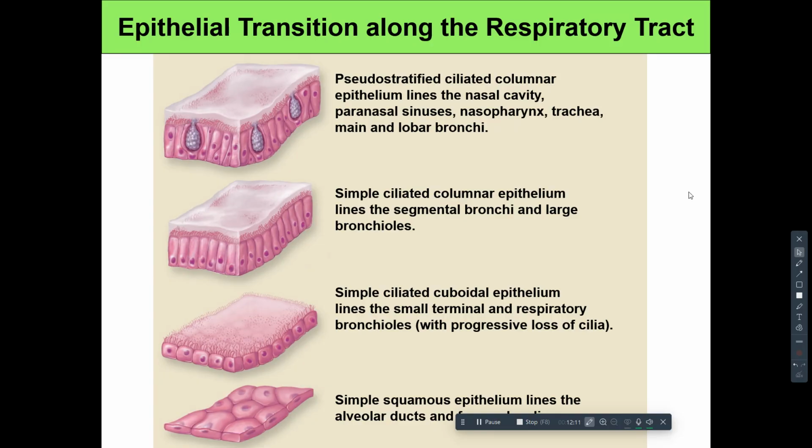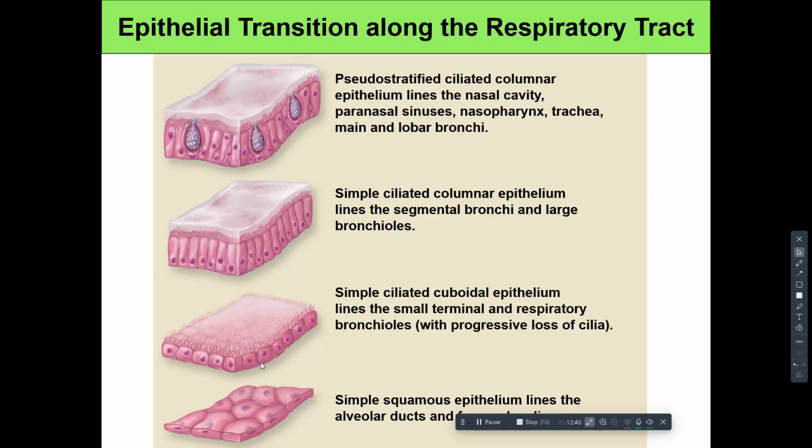Okay, I will see a transition in my epithelium. So I start with that pseudostratified ciliated columnar epithelium with the goblet cells. And basically got that up through my big bronchi. Then as I get into smaller bronchi and bronchioles, I go on to not a pseudostratified, but a simple columnar epithelium. And then as I get into smaller and smaller bronchioles, I get shorter cells, so it becomes more cuboidal.